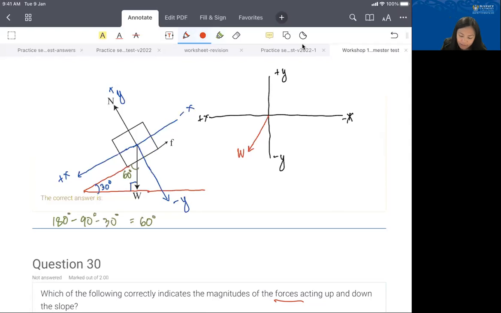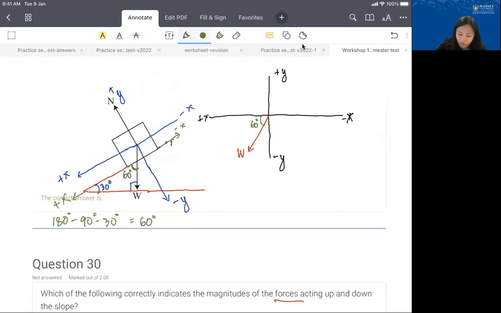Notice how the weight force is making an angle of 60 degrees with respect to your positive x-axis. You can also relocate your positive x-axis here if you want. So that's also plus x, and this is minus x. Notice how the weight force is making this 60-degree angle relative to your positive x-axis.